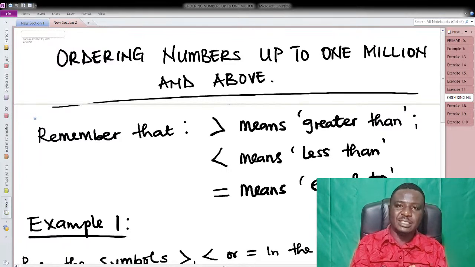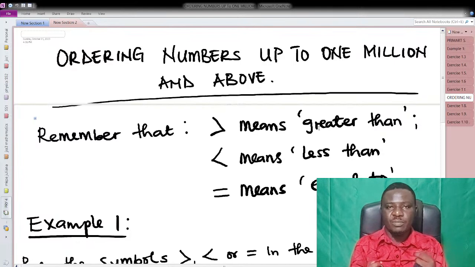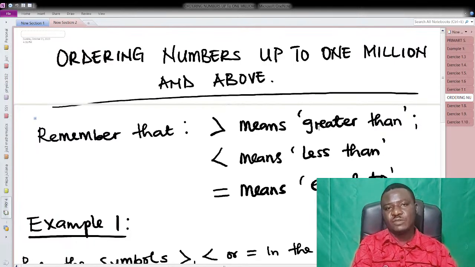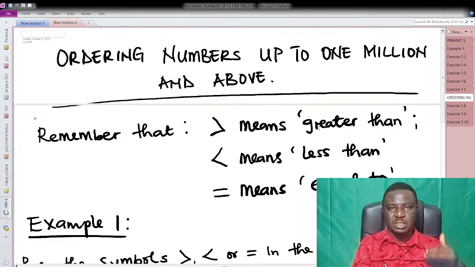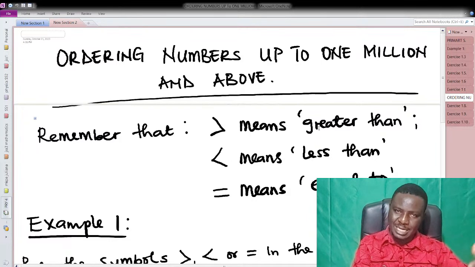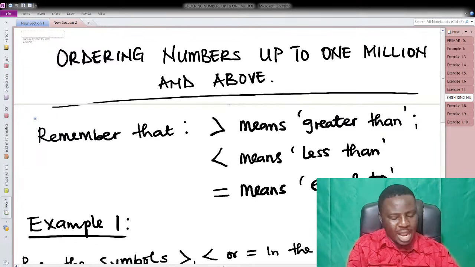Hundreds grow into thousands. Thousands, we have tens of thousands. From tens of thousands, we have hundreds of thousands. From hundreds of thousands, we have millions, tens of millions, hundreds of millions, billions, in that order. After billions and hundreds of billions, we have trillions and quadrillions and what have you.